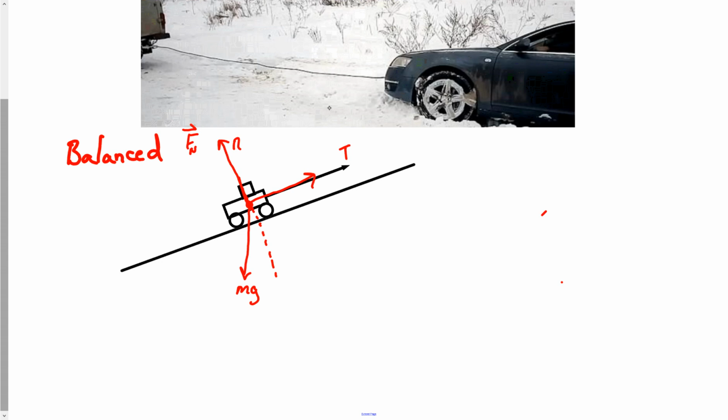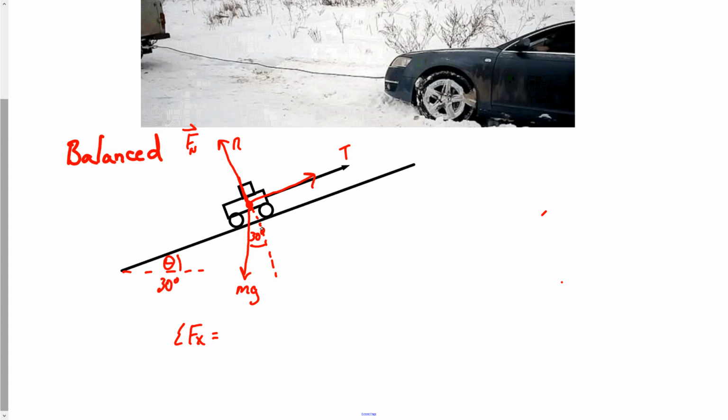So let's do a free body diagram on this card. Sum of the forces in x. Usually you would be told the angle of the hill. Let's do a 30-degree angle. If the car is on a 30-degree incline, then this weight is also at a 30-degree angle.